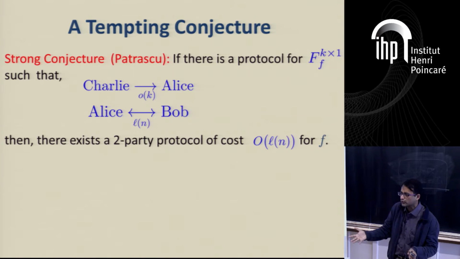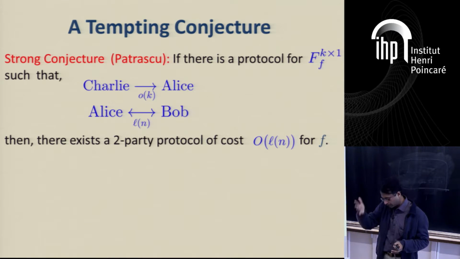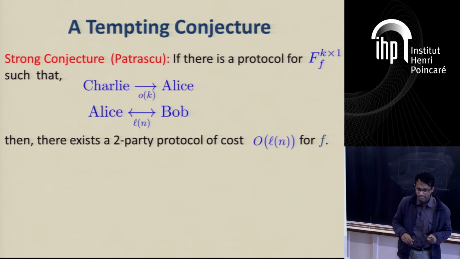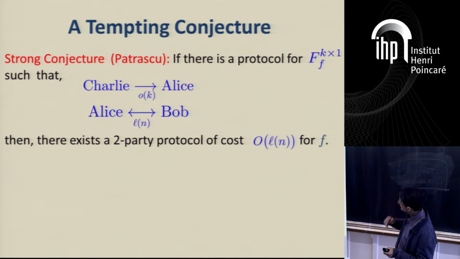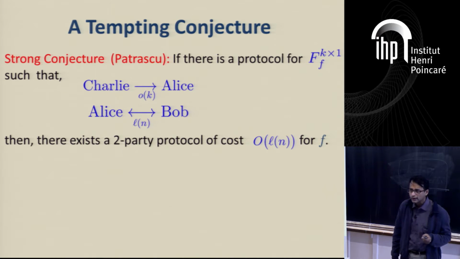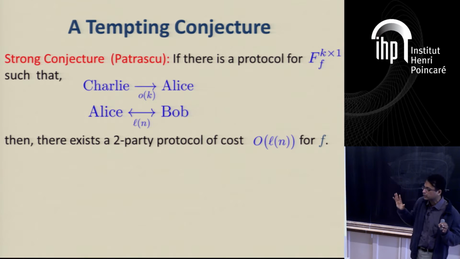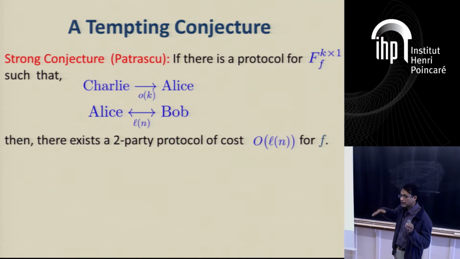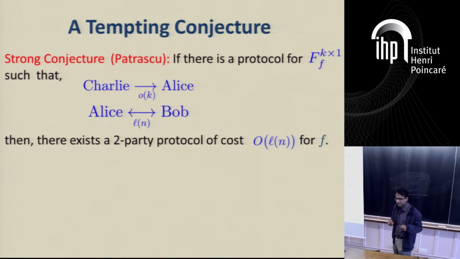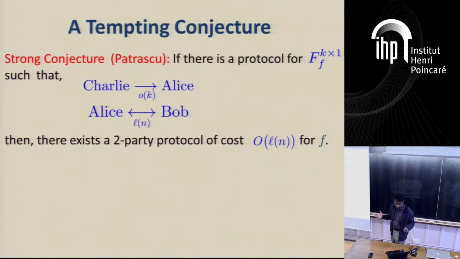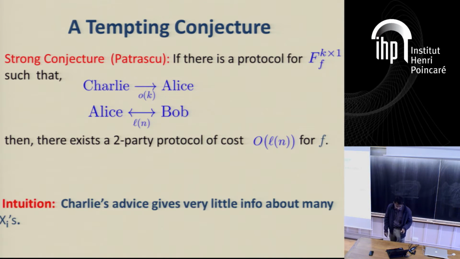Because Charlie sends so few bits of advice and there are many xi's, right? So this seems like a tempting conjecture. Also, if this conjecture is true, then something very general is going on here. One should be able to prove this conjecture without taking into account any special property of set disjointness, right? Because this, if true, is true for an arbitrary function f. Okay, and as I said, the intuition is Charlie's advice gives very little information about many of these xi's.